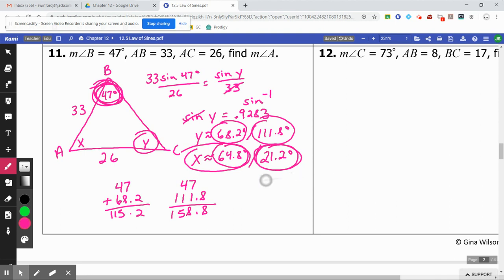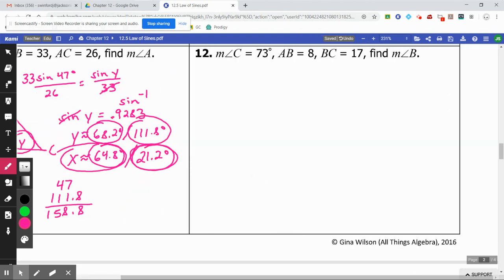The last problem. Let me draw my triangle, ABC. C is 73 degrees, AB is 8, BC is 17. Find the measure of angle B, and it's going to be very similar to the one that we just worked.